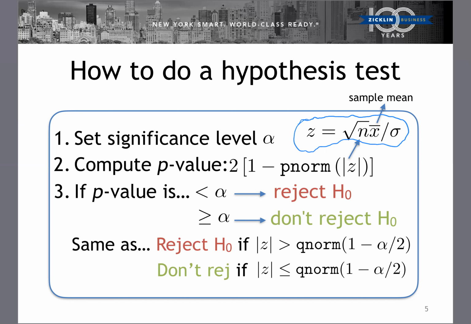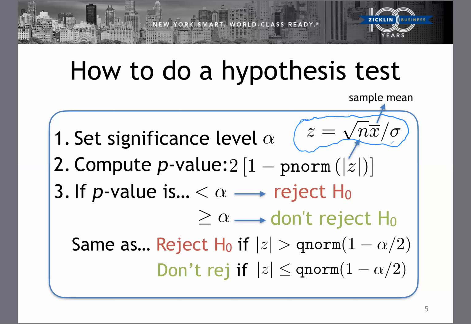As you can see, I circled something. This is the z statistic, the thing that we're using for the pnorm. It has a square root of n on top. The x bar is the sample mean, and the denominator is the standard deviation, which we assume that we know. Large values of z correspond to rejecting the null hypothesis.